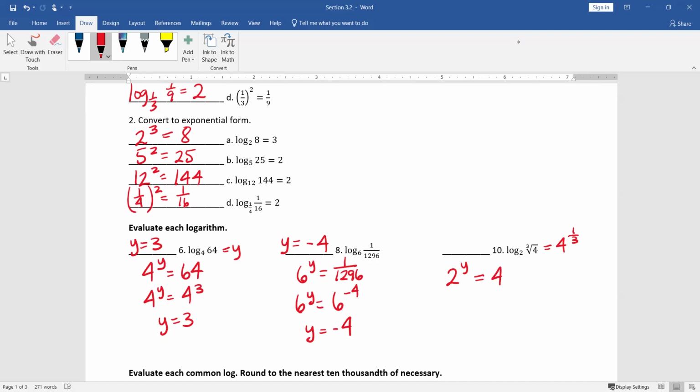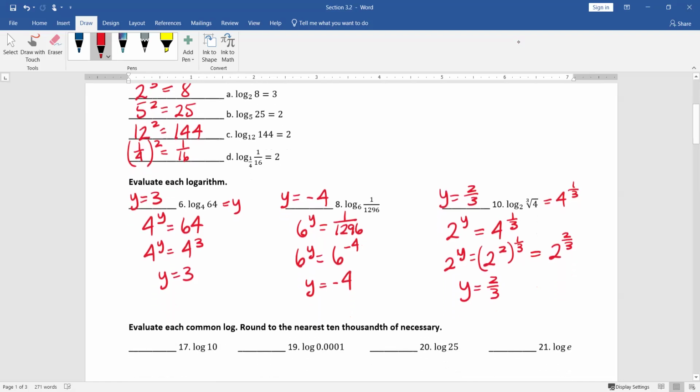So this is 4 to the power of 1/3. Now I can rewrite 4 as base 2 raised to the power of 2, raised to the power of 1/3. And so our power property of exponents means this is 2 times 1/3. So that actually equals 2/3, which means that y equals 2/3. All right, moving on to the next one.